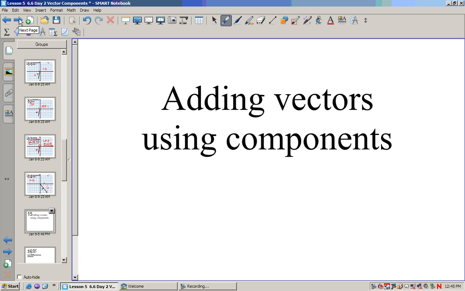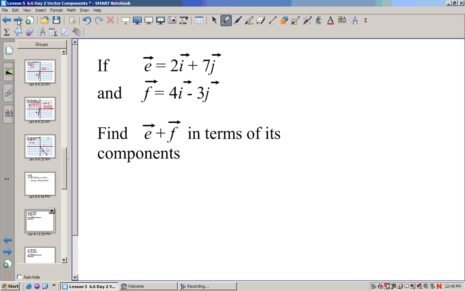So let's do something like we're going to be adding vectors using components. If I have e as 2i plus 7j and f is 4i minus 3j, find e plus f in terms of its components. Well, if this moves it to the right 2 and this moves it to the right 4, e plus f is going to move to the right 6.